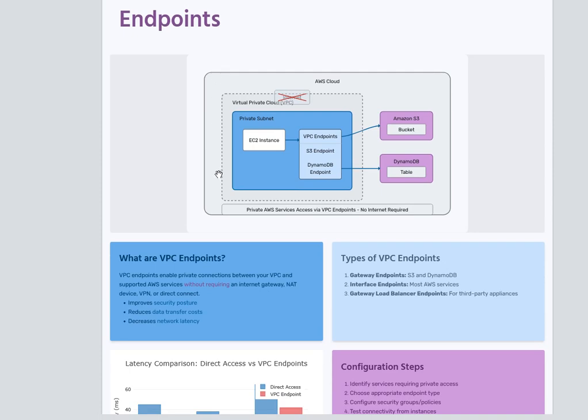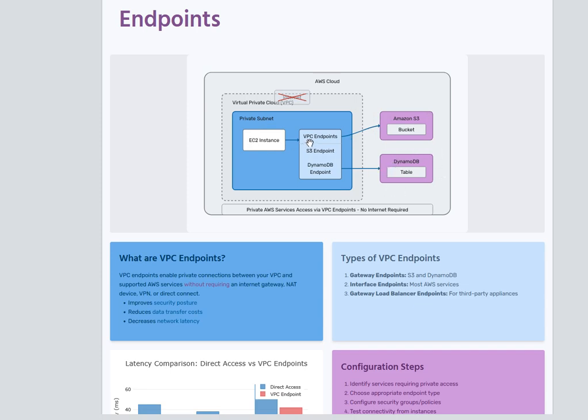You can see the AWS Cloud and then the VPC, and then you've got a private subnet and an EC2 instance. The EC2 instance connects to an S3 bucket or DynamoDB table.